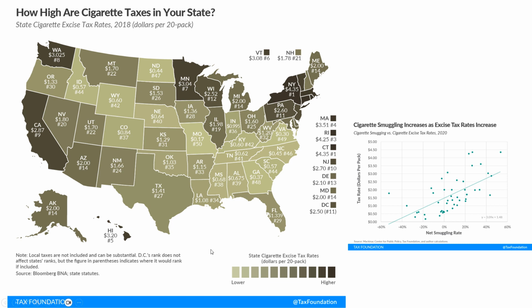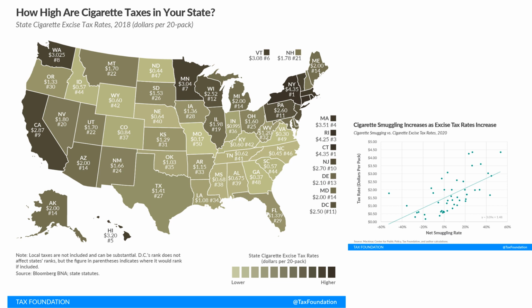Whereas some of the tobacco growing states, states that have a longer history of agriculture and growing tobacco like Missouri, Virginia, have much, much lower cigarette taxes. And so what happens when you've got a high tax state like New York and a relatively low tax state like Virginia, just a couple hours drive away, is smuggling.